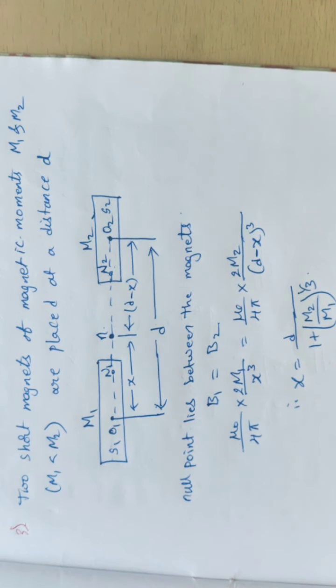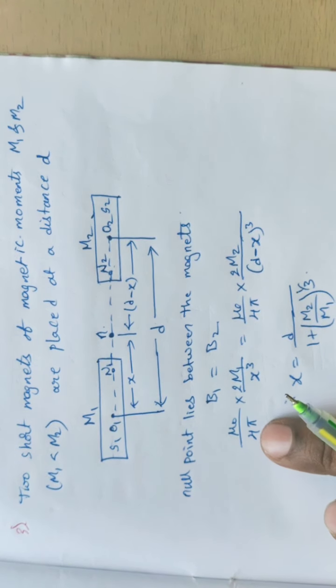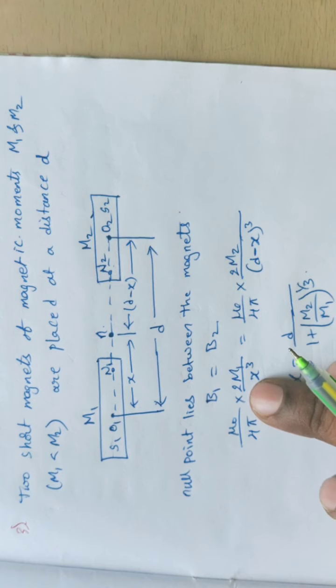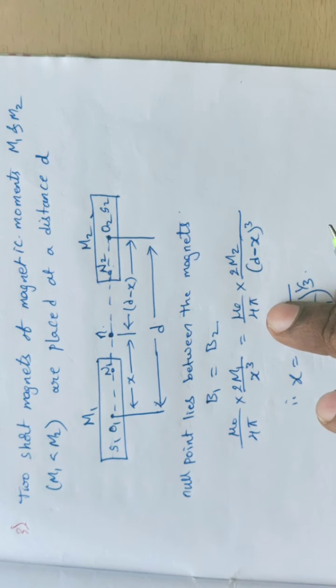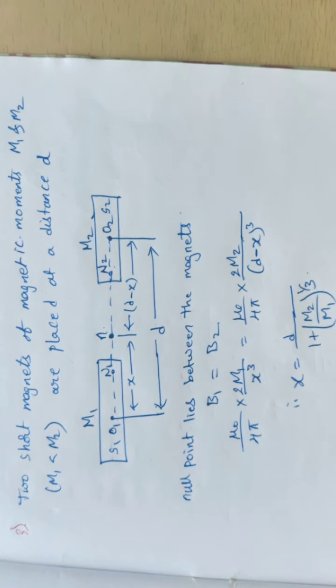Remember, on the axial line, what is the magnetic induction formula? Mu naught by 4 pi into 2m divided by d cube for short magnets. Using that formula, mu naught by 4 pi into 2m1 divided by x cube is equal to mu naught by 4 pi into 2m2 divided by (d minus x) whole cube. Like this we can get it, students.